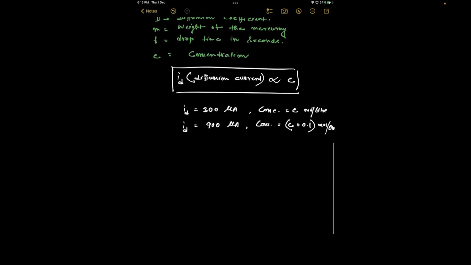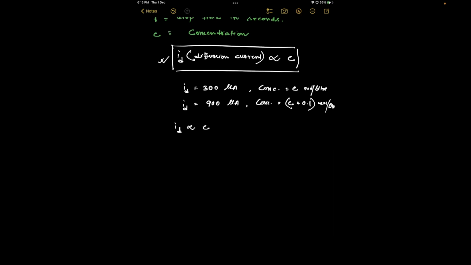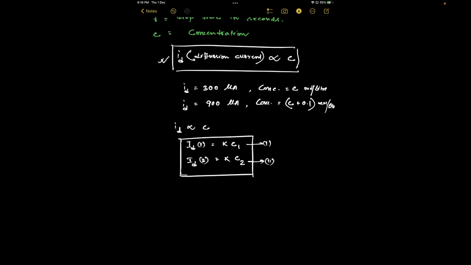So now just use this equation. ID is proportional to C. So let's say ID1 equals a proportionality constant K times C1, then ID2 equals the same proportionality constant K times C2. This is equation 1, this is equation 2.